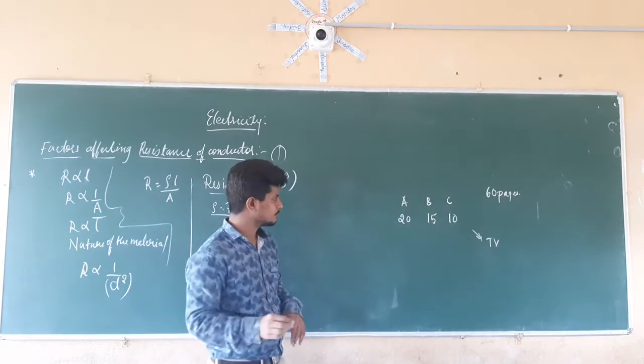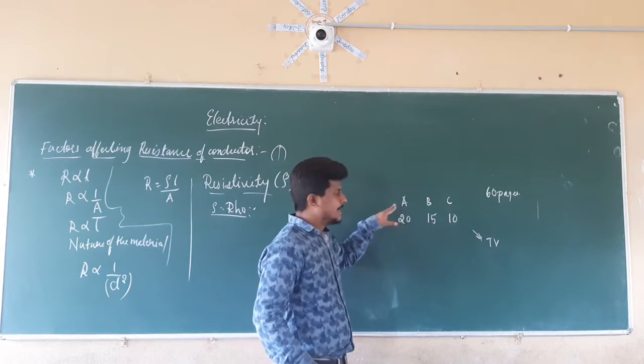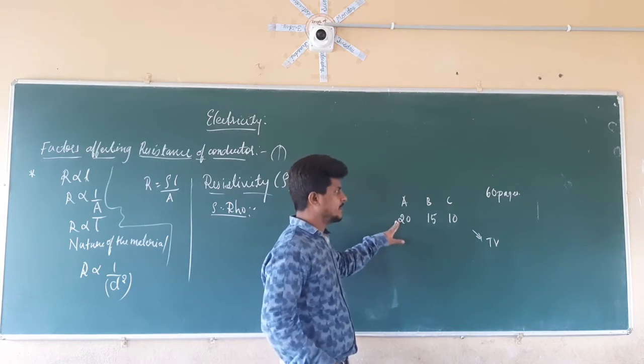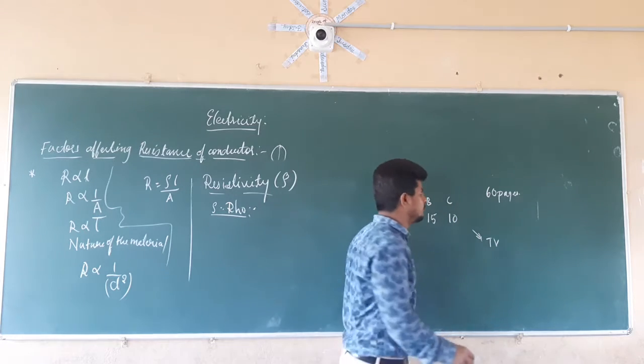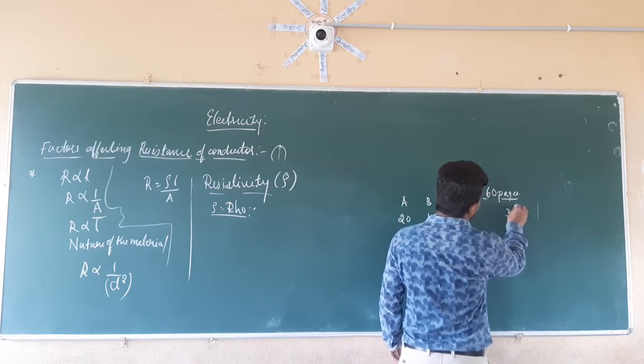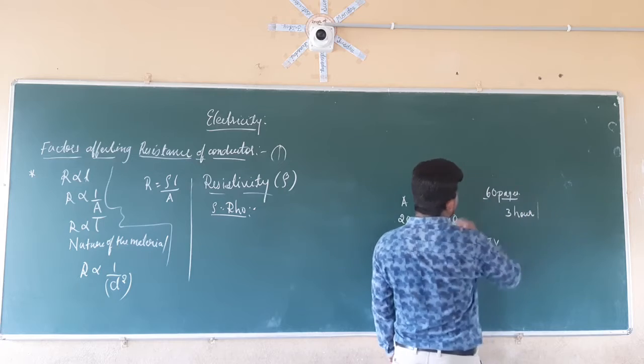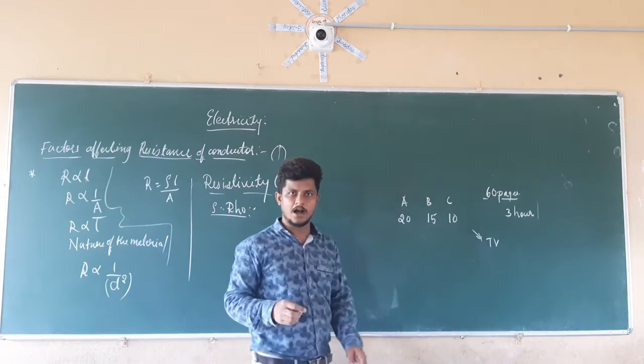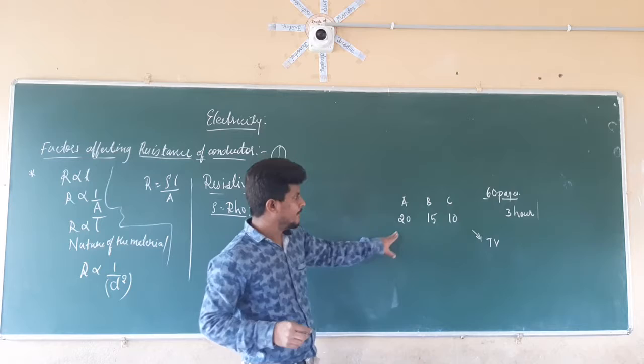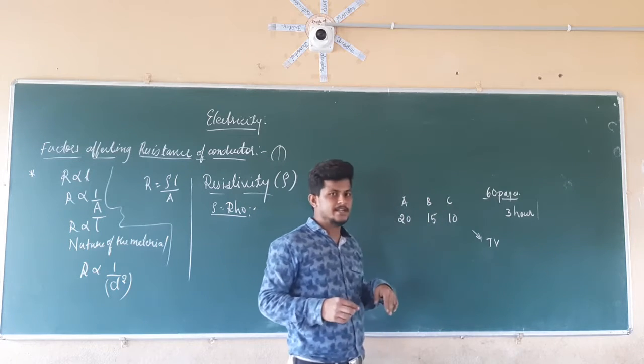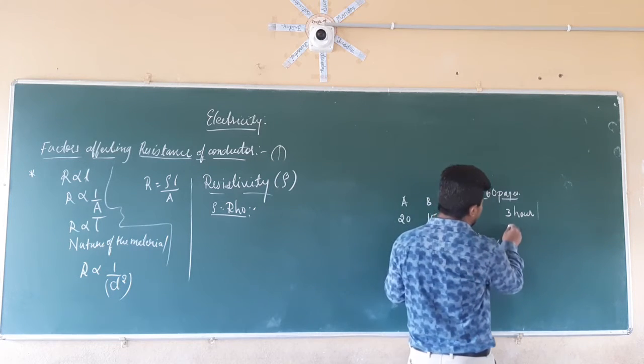Now, his capability of working is 20 pages per hour, so he is going to complete that in 3 hours. So if you see here, the B student is going to complete those pages in 4 hours.